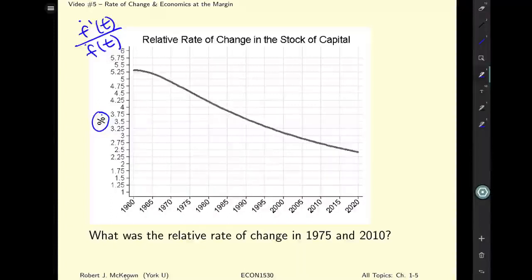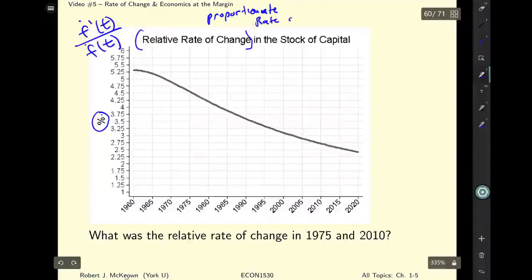And you can see that, following this pattern, it's getting smaller over time. The relative rate of change is sometimes called the proportionate rate of change. And you've seen proportions in real numbers, where proportions were introduced very early in that sequence.